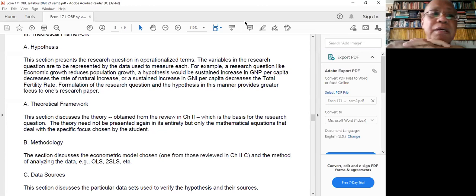Your topic would be, say, crime, or productivity, or employment, then you would look for theories on that, and it's from these theories that you'll find a conclusion that will become your research question. So here in your theoretical framework, you therefore discuss the theory from which you obtained your hypothesis.